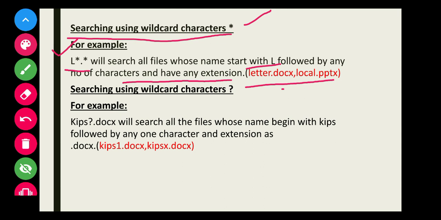The letter starts with L followed by the characters E, double T, E, R, and .docx is the extension. Similarly, in the second example, local.pptx is written. This file starts with L, followed by the characters O, C, A, L, and the extension .pptx.